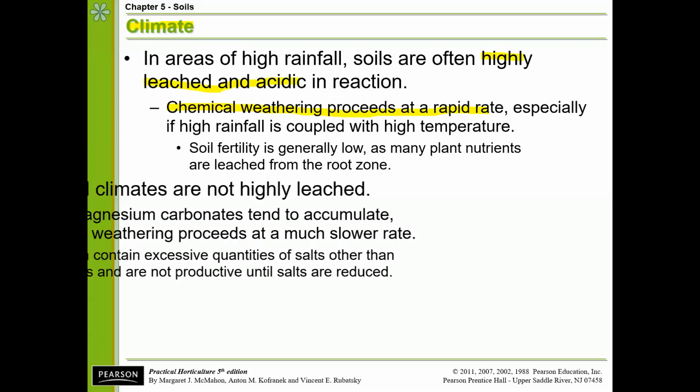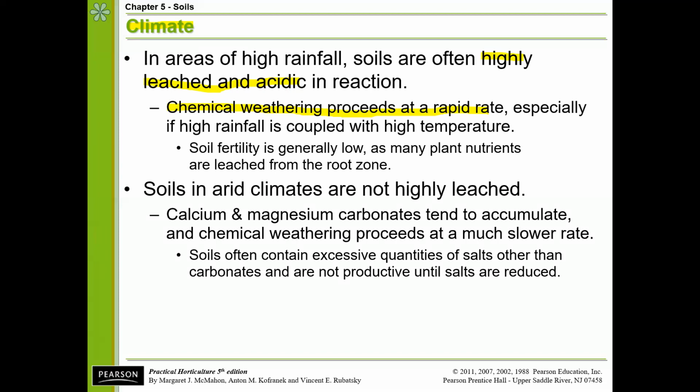It causes low soil fertility, and because a lot of those nutrients are leached from that zone, it becomes difficult to grow crops on it. So they say when you clear rainforests, for instance, to grow crops, you can't do it for very long because there's not natural fertility in the soil. In arid climates, though, in drier places, the soils are not highly leached, and that in turn leads to accumulation of some of these nutrients that otherwise would be leached out.